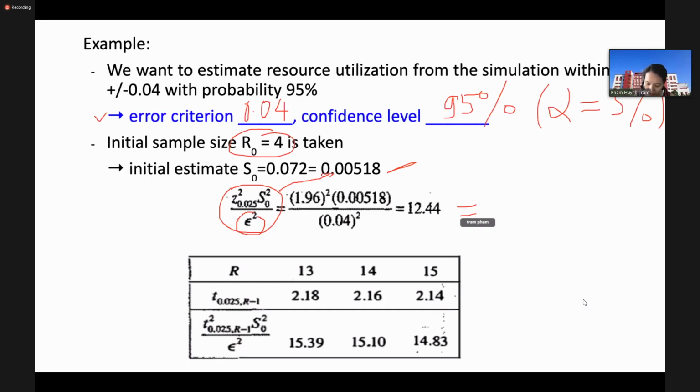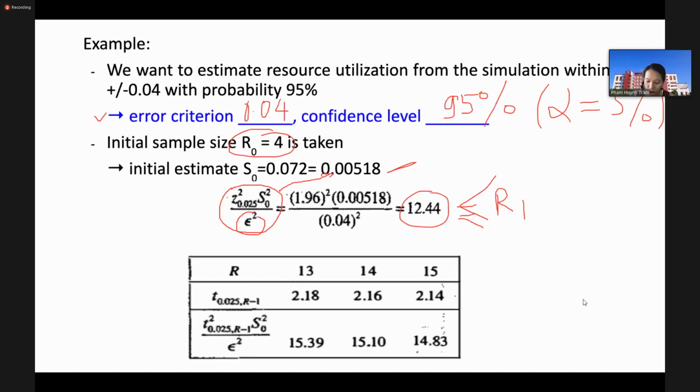And we got the new R. We should run more than 12 times, but exactly how many we have not shown yet. If we want a specific value of R, then we have to continue.